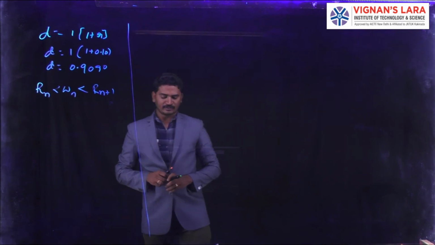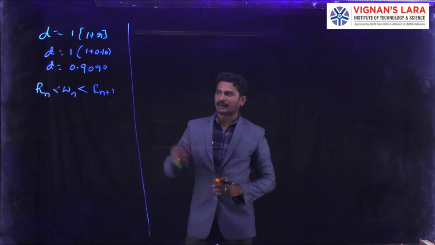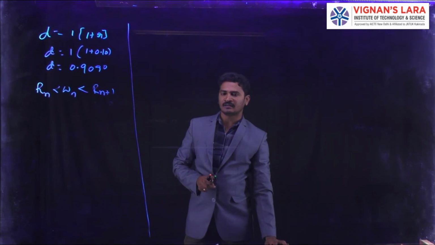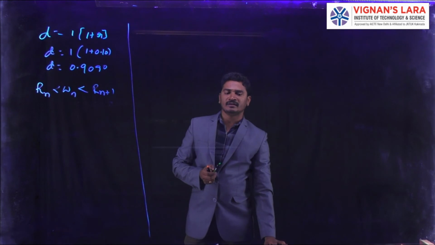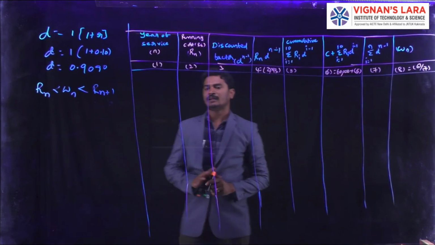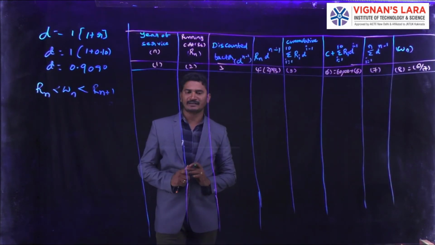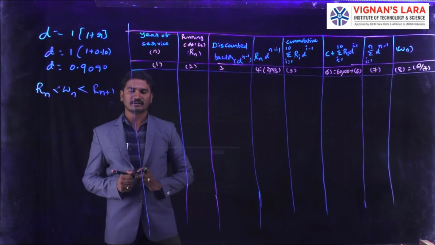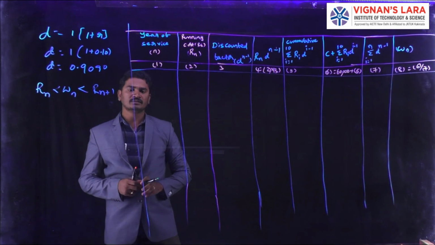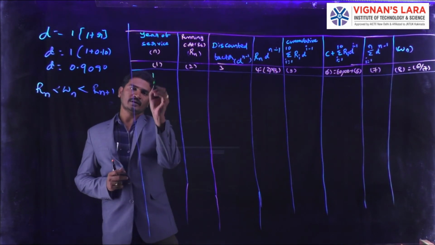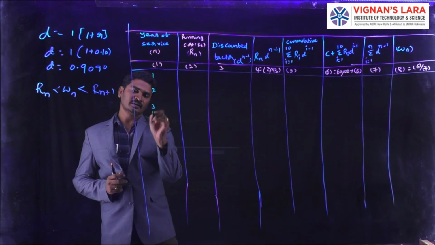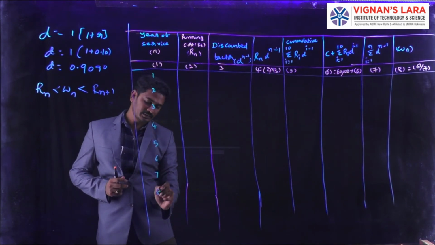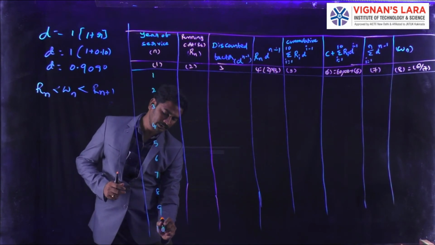We are going to calculate this condition with the help of a table, which I am going to draw here. The number of years was not given, so I am going to take 10 years: 1, 2, 3, 4, 5, 6, 7, 8, 9, 10.